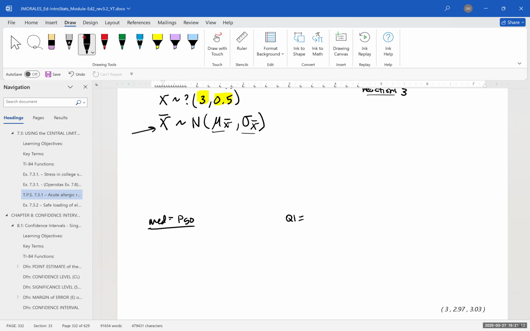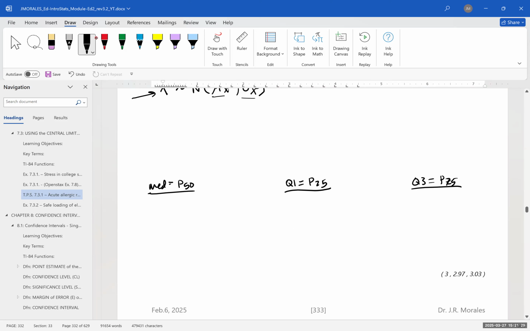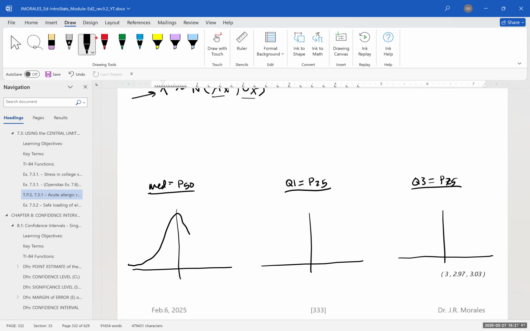First quartile, which is the 25th percentile. And the third quartile is the 75th percentile. Let's draw each of these three on a normal distribution curve.